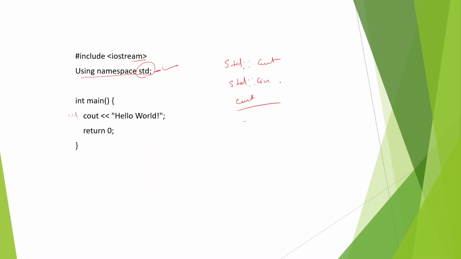Instead of this, to avoid it, we use using namespace std. So the same program as previous, hello world, and then it returns the 0 value to the main function for the successful execution of the program.